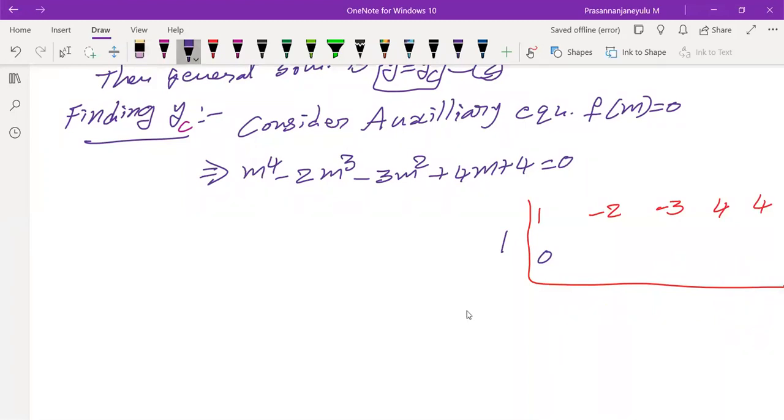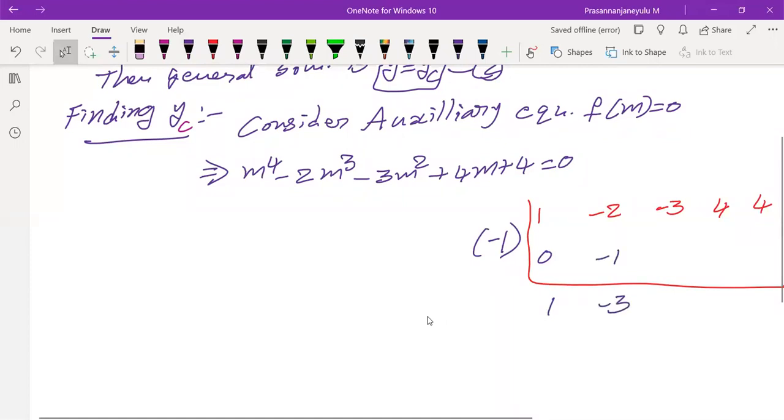If m equals to 1 is not a root, then what do we have to do? Take minus 1. So 1 plus 0 is 1, minus 1 ones are minus 1, minus 3 into minus 1 is plus 3, 3 minus 3 is 0, 0 minus 1s are 0, 4, 4 minus 1s are minus 4, then we get 0.